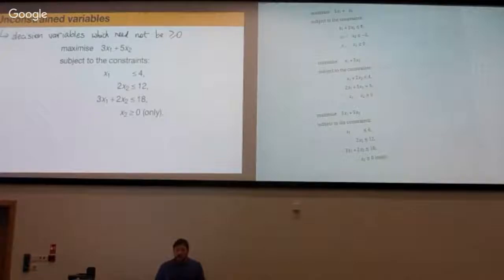What you can do, however, is the recipe: you replace the variable, or all the variables really, which don't have to be non-negative, with two new variables. I call them x1 plus and x1 minus.